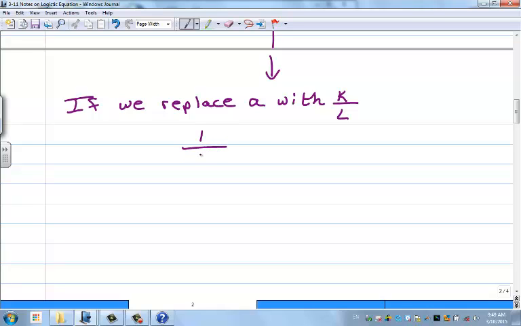1 over P dP/dt, going back to our original equation, is equal to K minus, now it's not going to be K minus AP anymore.